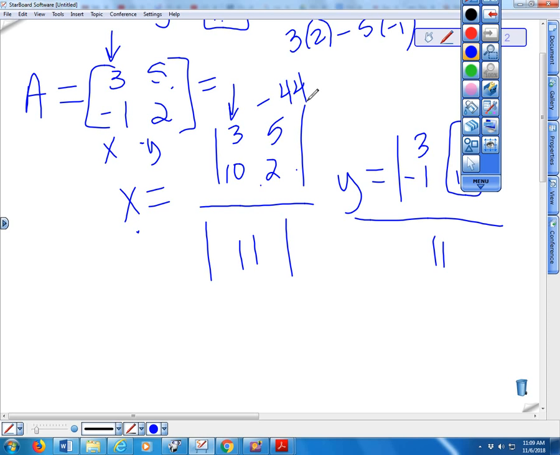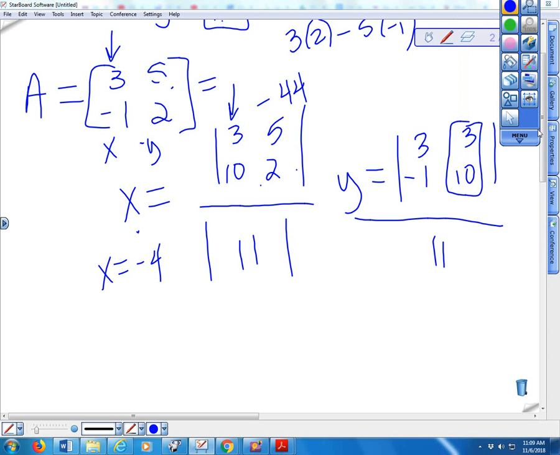Okay, so what's -44 over 11? -4. So x is -4. What's the determinant here? 30 minus -3, right? Which is 30 plus 3. 33 over 11? 3. Y is 3. Yep.